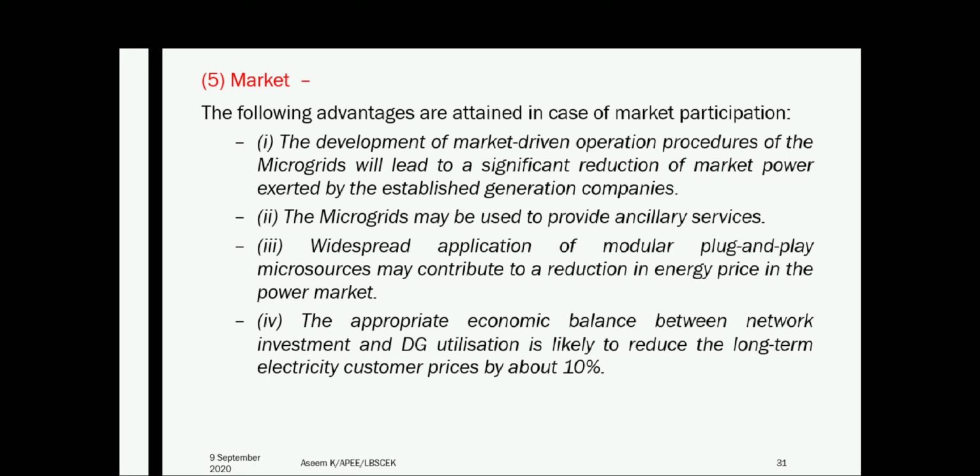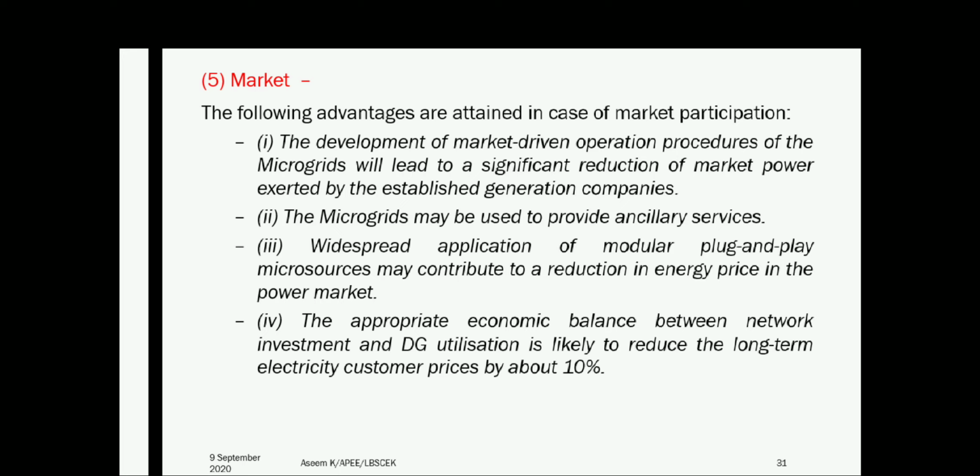They can sell that power to the utility so that they will get the corresponding payment from the utility. So that is one of the advantages. Then a microgrid may be used to provide ancillary service, a backup service. It can act as a backup power supply.